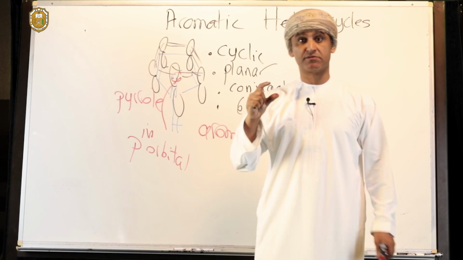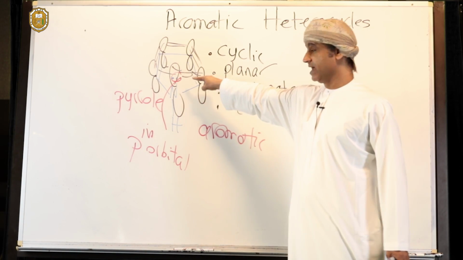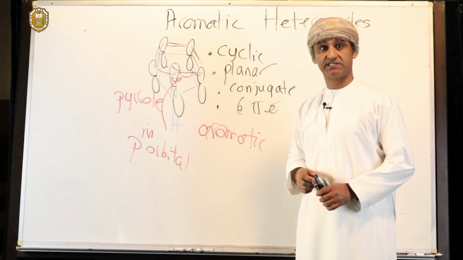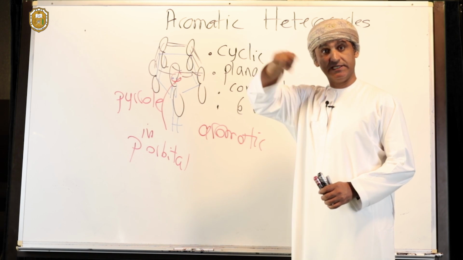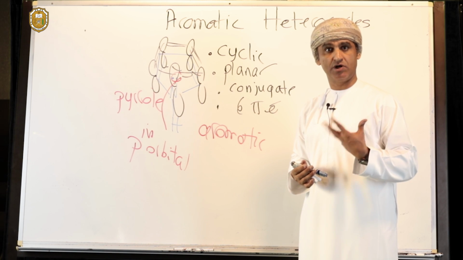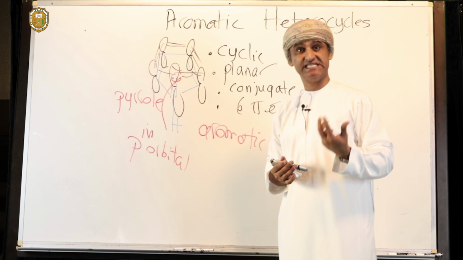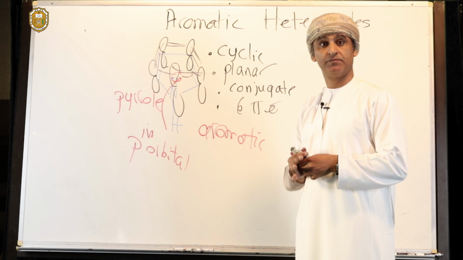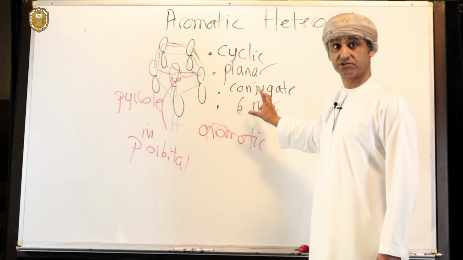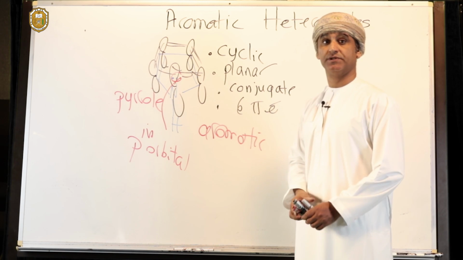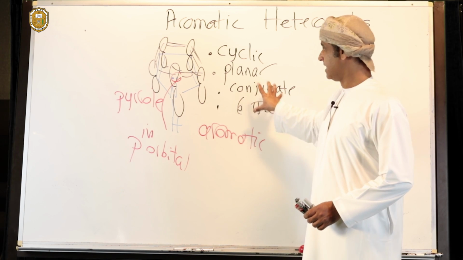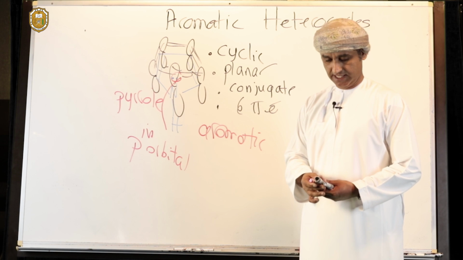One remarkable reason is that this lone pair is in a p orbital, inside the pi system. The p orbital not only makes conjugation continuous and cyclic, it also accounts for the number of pi electrons, which is 6, in accordance with the Huckel rule. Therefore, it's 4n plus 2, and pyrrole is aromatic.